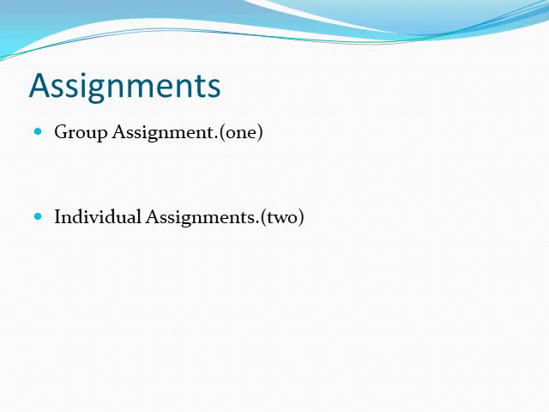You are supposed to choose one country and write a group essay about its political system, whether it is parliamentary or presidential, or a mix between parliamentary and presidential systems. And you are supposed to analyze its components, like interest groups, political parties, and the different branches of the government: executive, legislative, and judiciary.